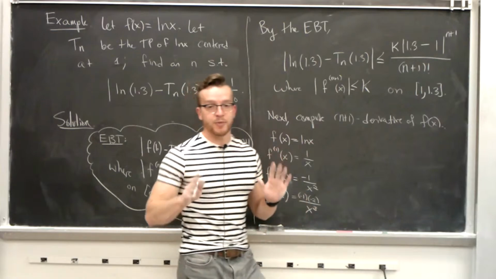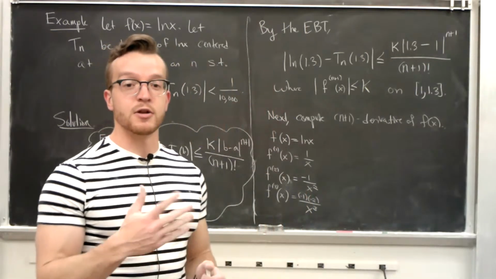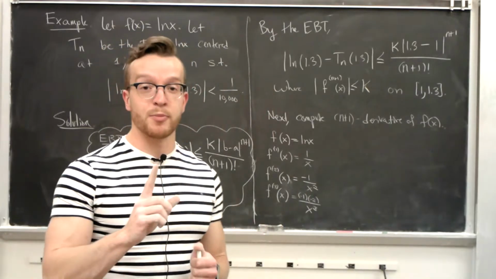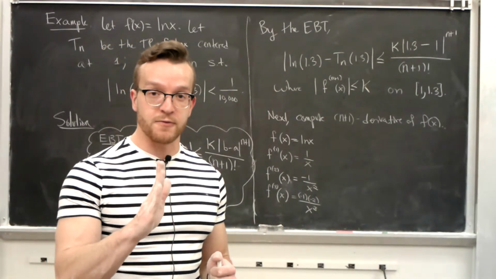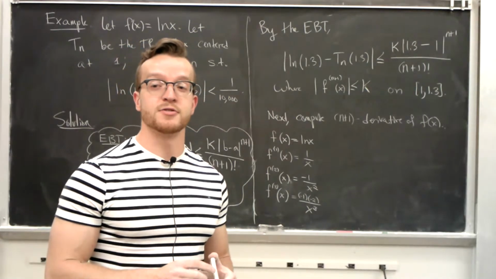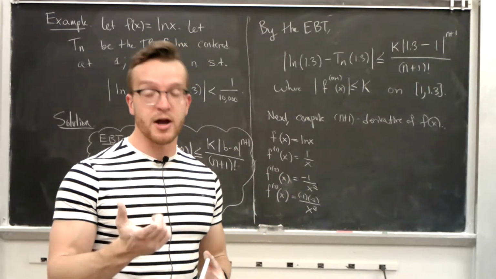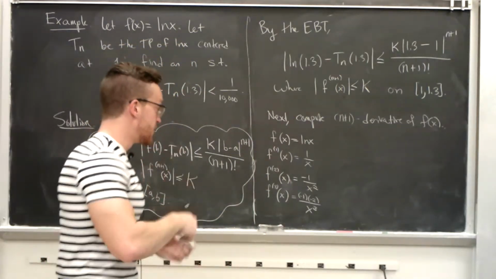But anyway, let me back up. What am I doing right now? Like, what am I trying to do? I'm trying to compute enough derivatives so that I can spot the pattern. If I can figure out the pattern, then I can write down what the n plus first derivative has to be. So that's what I'm doing right now. I'm just computing derivatives until I'm confident that I've seen the pattern.